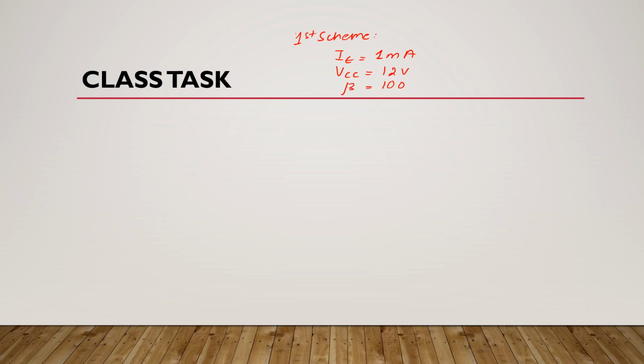We know that the first scheme is split power supply and its circuit diagram looks like this. Here we have VCC here, VCC here, this is RC, this is RE, here we have RB1 and here we have RB2.